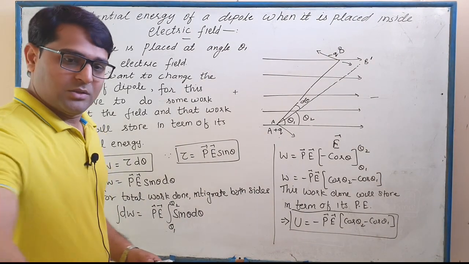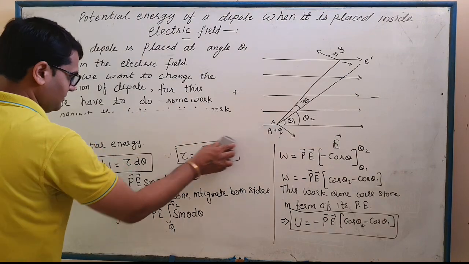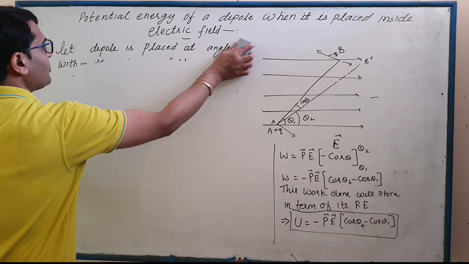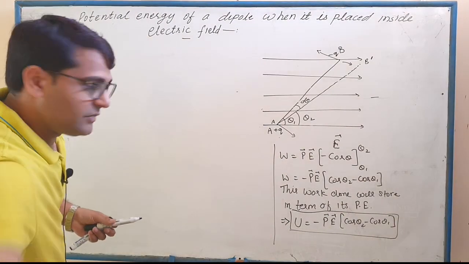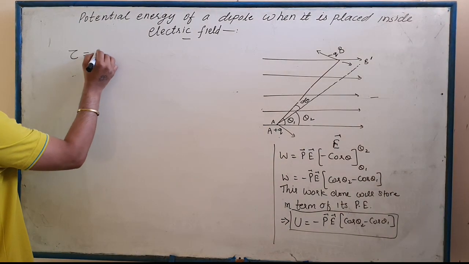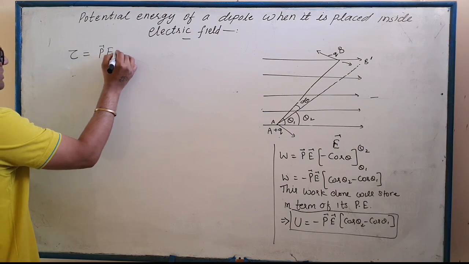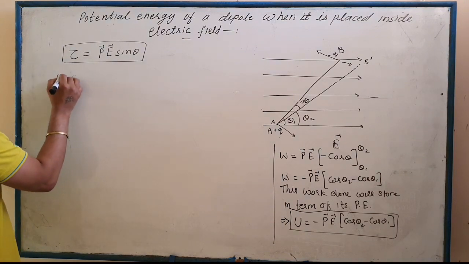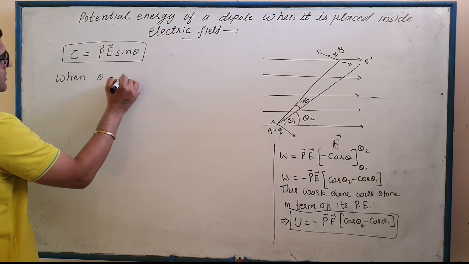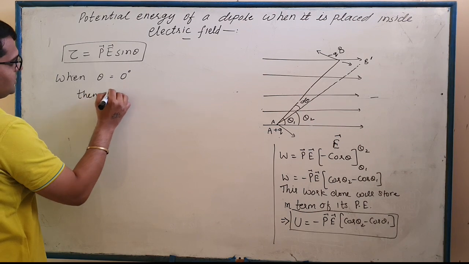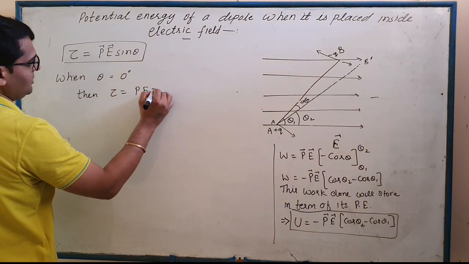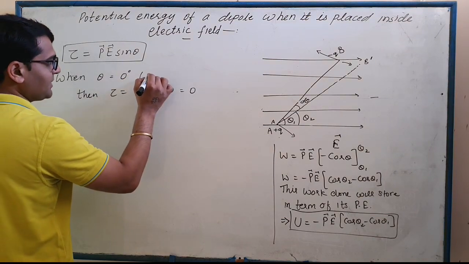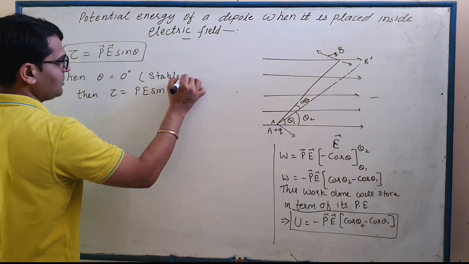There is one more thing. In the last topic we had the formula for torque, that was torque equals P into E into sin theta, and we had two cases. When theta was 0 degrees, then torque is equal to PE sin 0, which means 0. For this case, that is known as stable equilibrium.